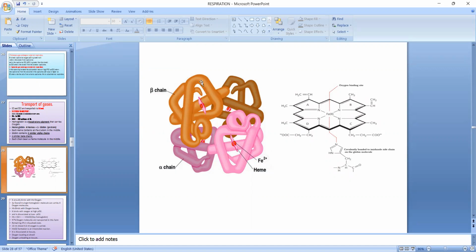This is a single beta chain, and this is another beta chain. We can simply call them beta 1, beta 2. And these two are alpha chains. These two are exact copies of each other, and these two are exact copies of each other.